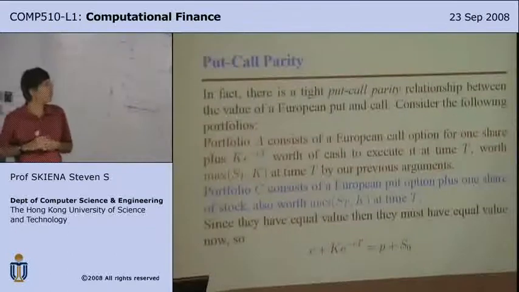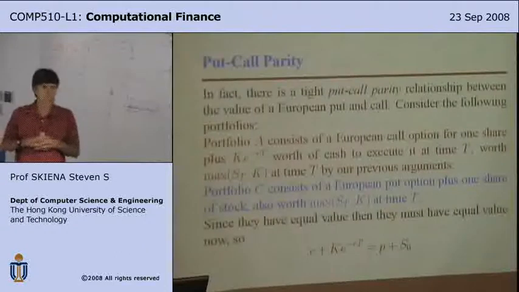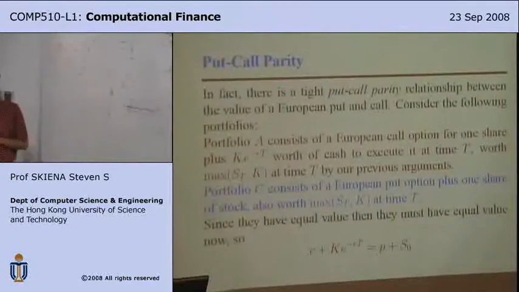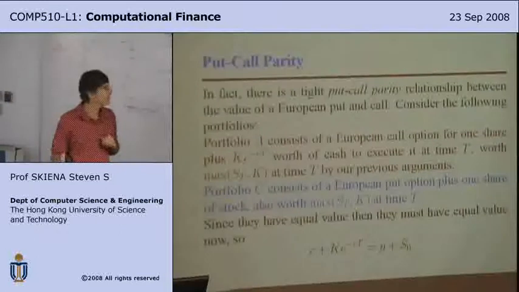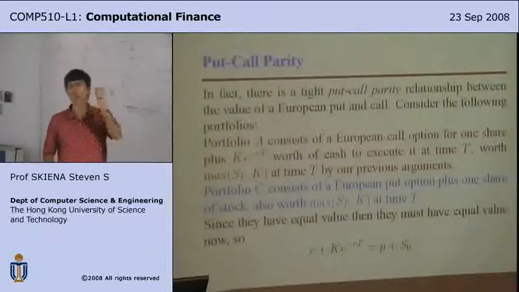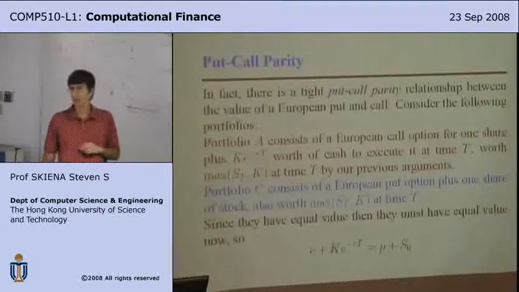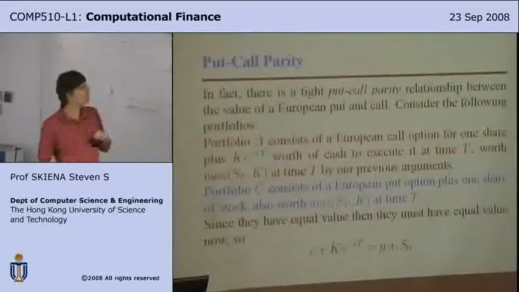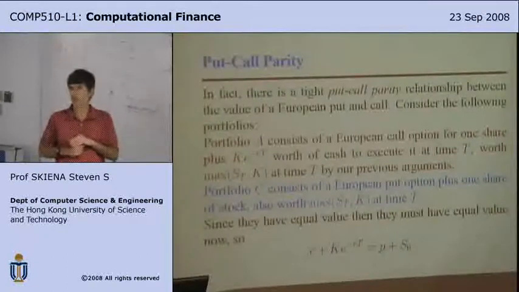Let me show you one more relationship between put and call prices that is important. It's something called put-call parity, which tells you that not only are there bounds on puts and on calls, but the prices of puts and calls on a stock are related to each other.